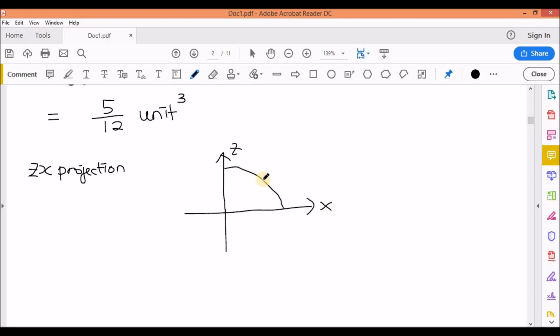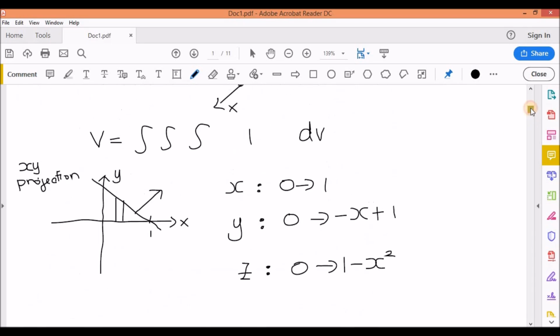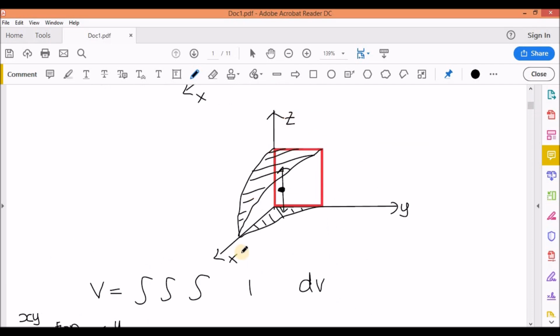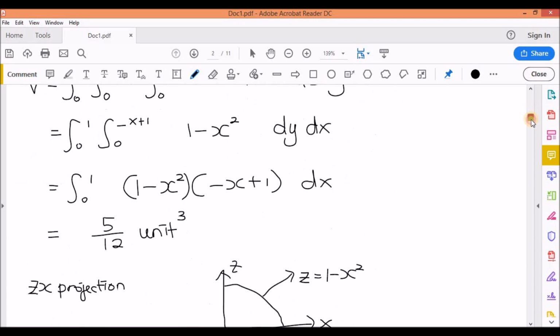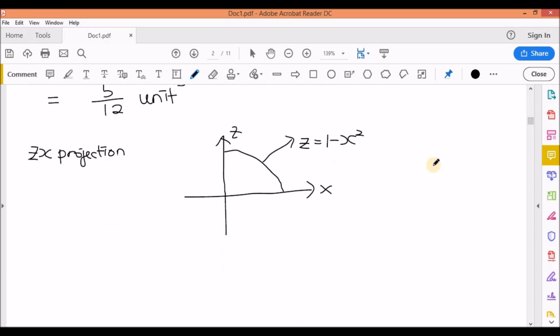You will see this structure, this curve, and this is actually the equation from the quadratic function, which equals 1 minus x squared. So can you imagine what the xz projection is? It means you view this structure from this side, so you will see this curve, right? And this curve is actually represented by the quadratic function, this one.